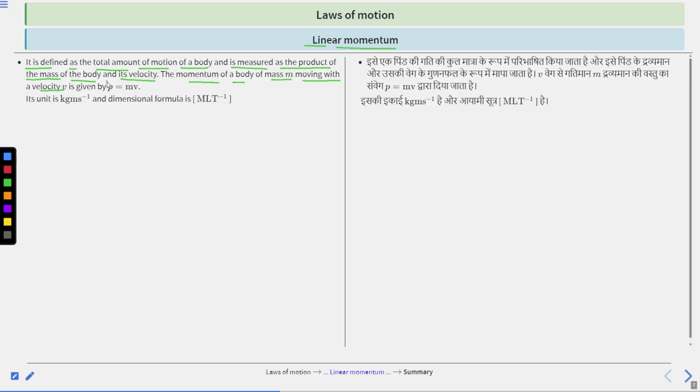This is the formula of linear momentum, where p is the linear momentum, m is the mass, and v is the velocity. So the formula becomes p equal to mv, mass into velocity. Its unit is kilogram meter per second. This is the unit of momentum. And the dimensional formula is M L T inverse. So this is the dimensional formula.